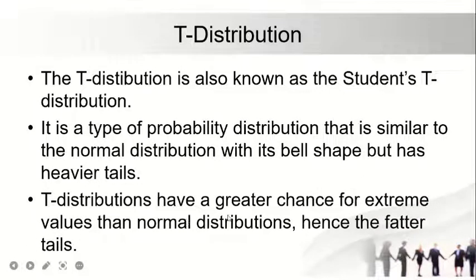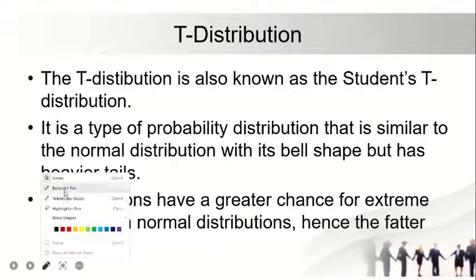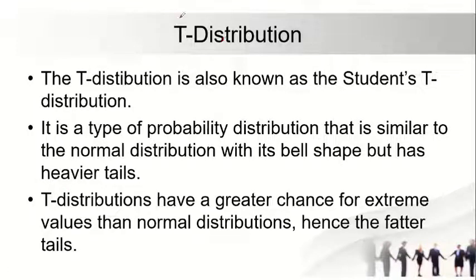The t-distribution has a greater chance for extreme values than the normal distribution, hence the fatter tails. The t in t-distribution stands for tails. Obvious naman because we are talking about the tails, diba?